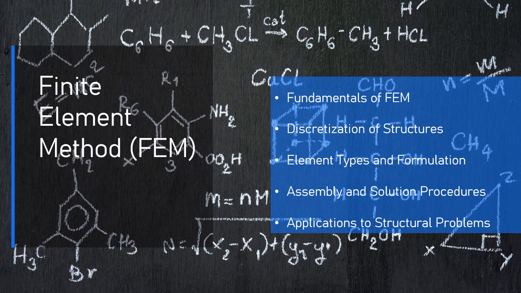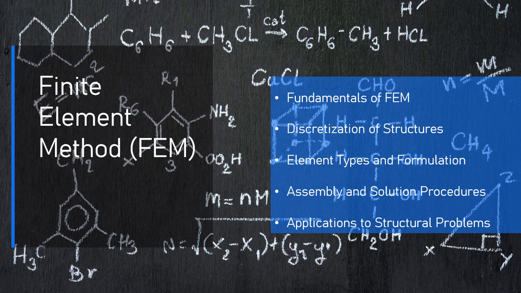The global stiffness matrix represents the relationship between the displacements and forces of the entire structure. K u = F, where K is the global stiffness matrix for the entire structure, u is the global displacement vector, F is the global force vector from all applied loads.